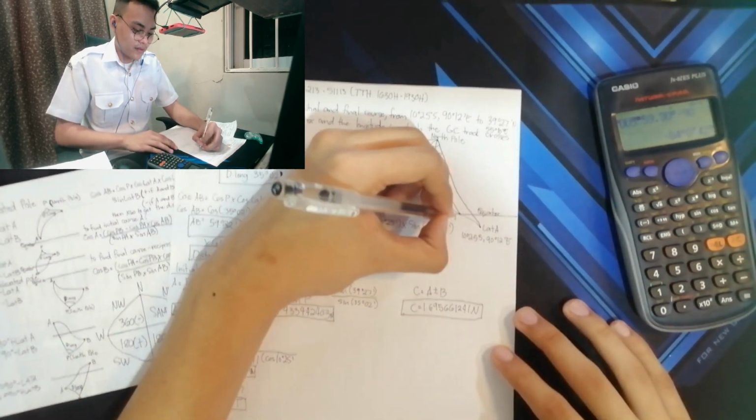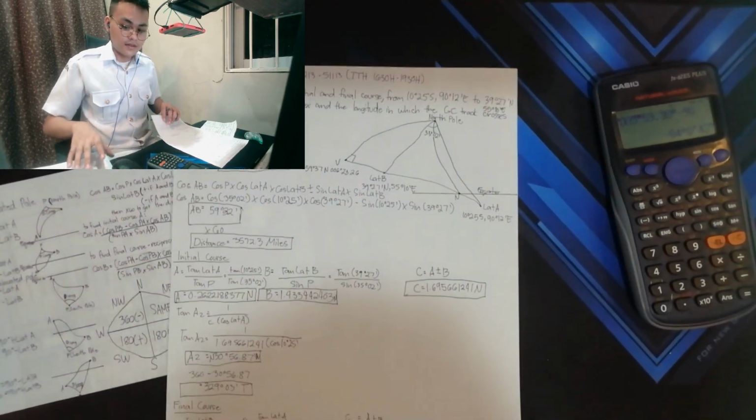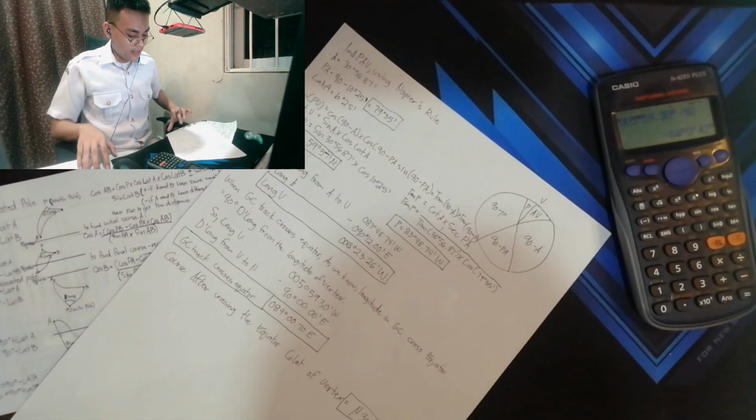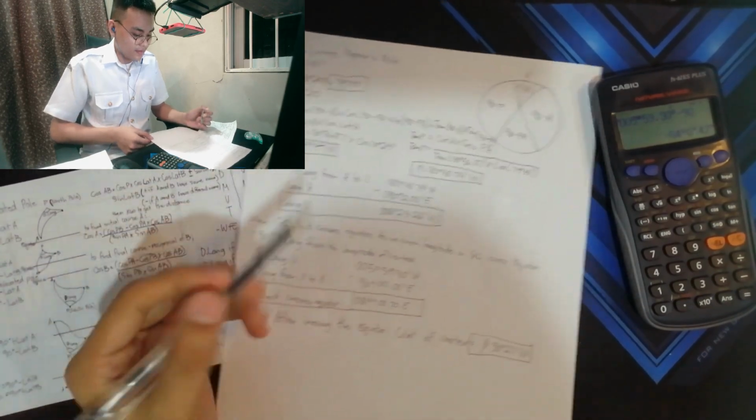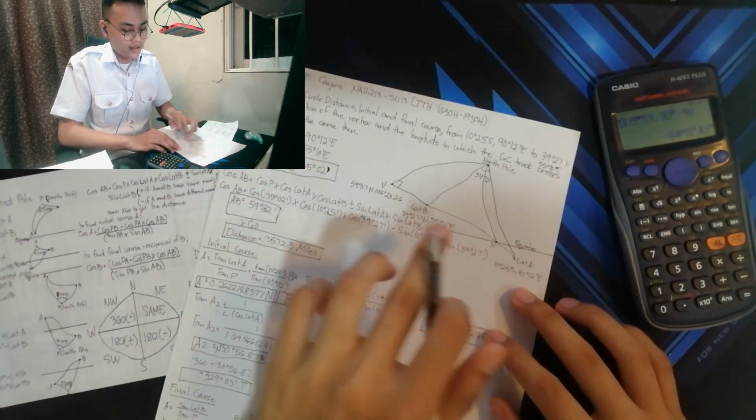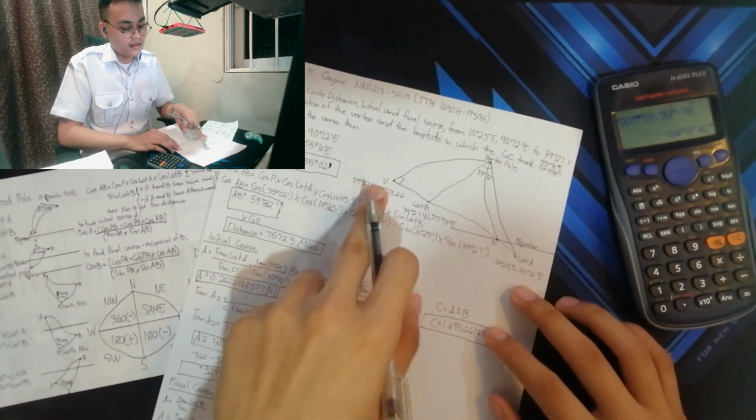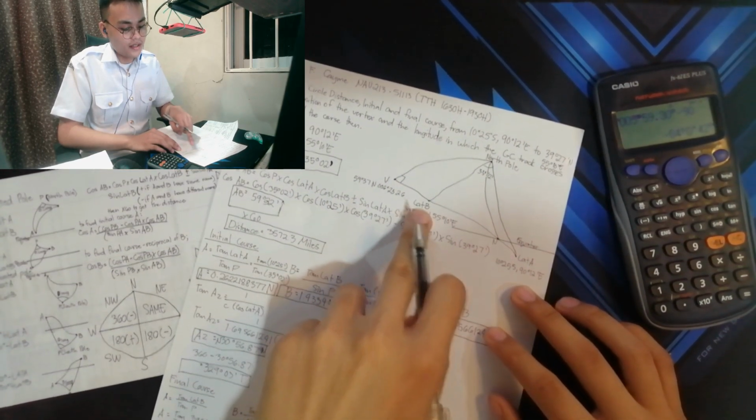This would be your N. Already plot your N here, then A, vertex, latitude A, latitude B, then your N.